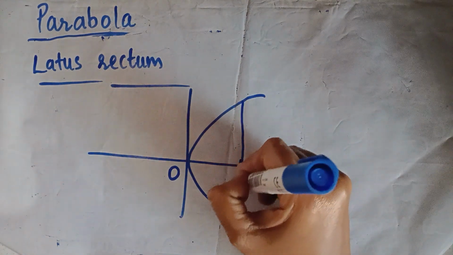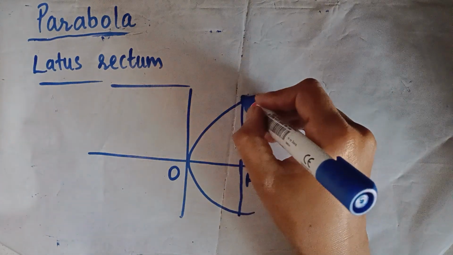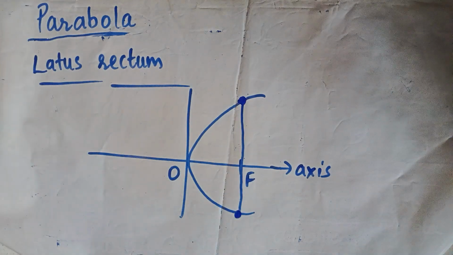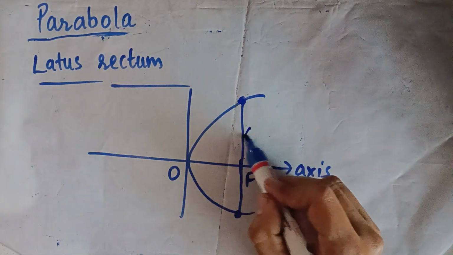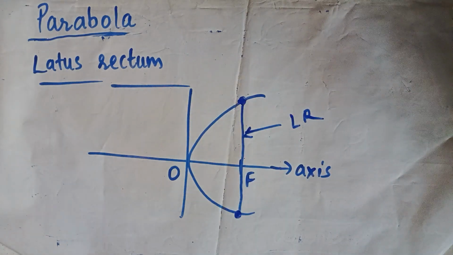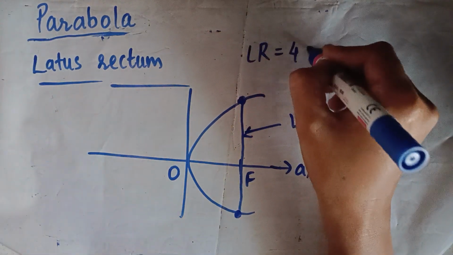So it is passing through the focus, it is perpendicular to the axis, and the endpoints are on the parabola. This length is called the latus rectum, and it is given by 4a.